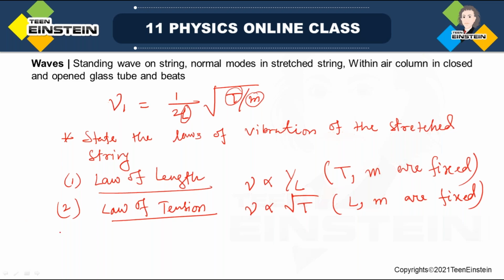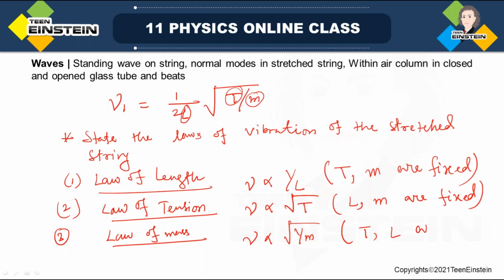Now the third law is the law of mass. Here the fundamental frequency nu of a vibrating string is not directly, it is inversely proportional to the square root of the mass per unit length of the string, provided T and L, the tension and length of the string, are fixed.